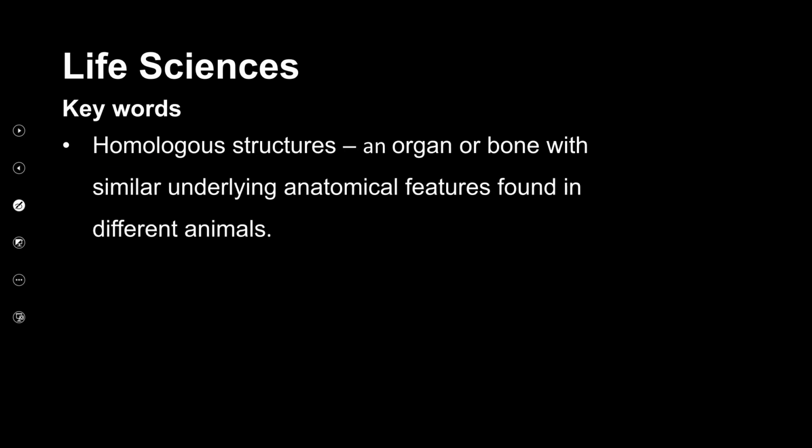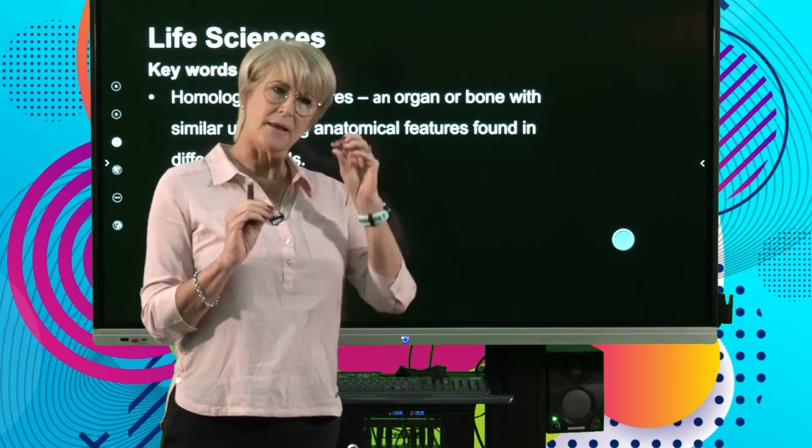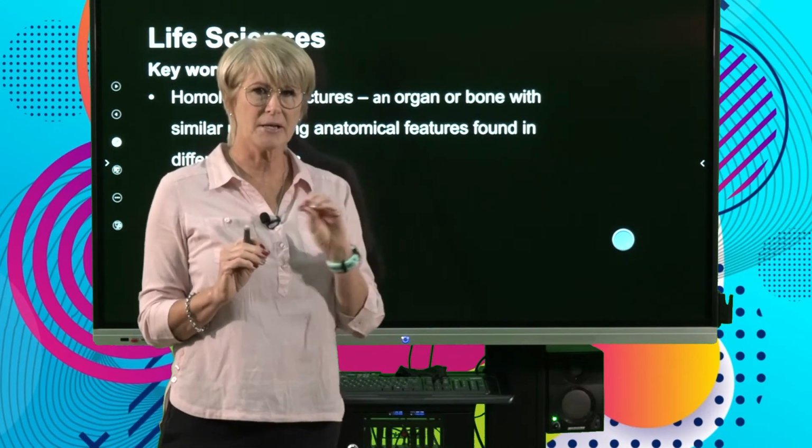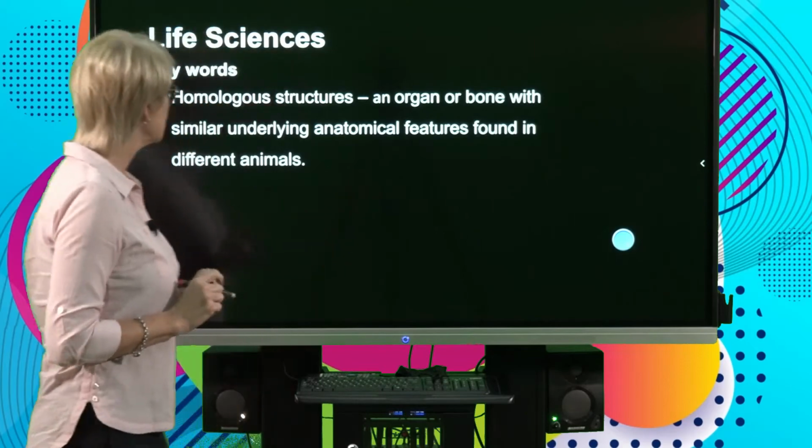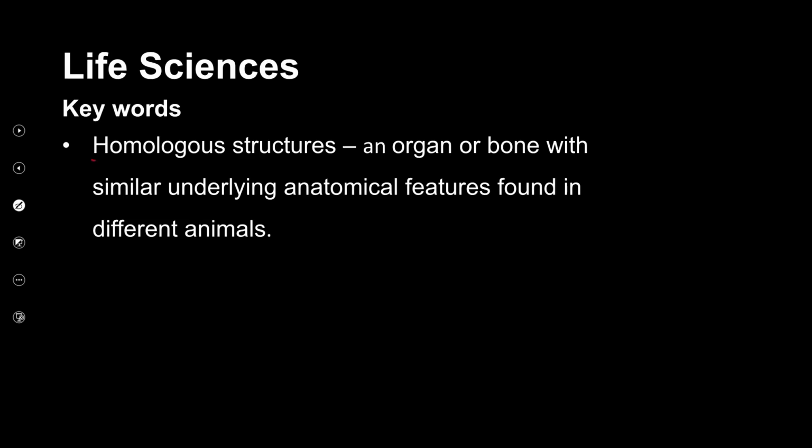The next keyword we're going to have a look at is homologous structures. Again, when we do terminology, it's always a good idea to break up the word into what you can, and then you can work out the parts. If you break it up into smaller parts, it makes it a lot easier to figure out. Homo means the same, and so what we're looking at is structures in organisms that are the same or similar.